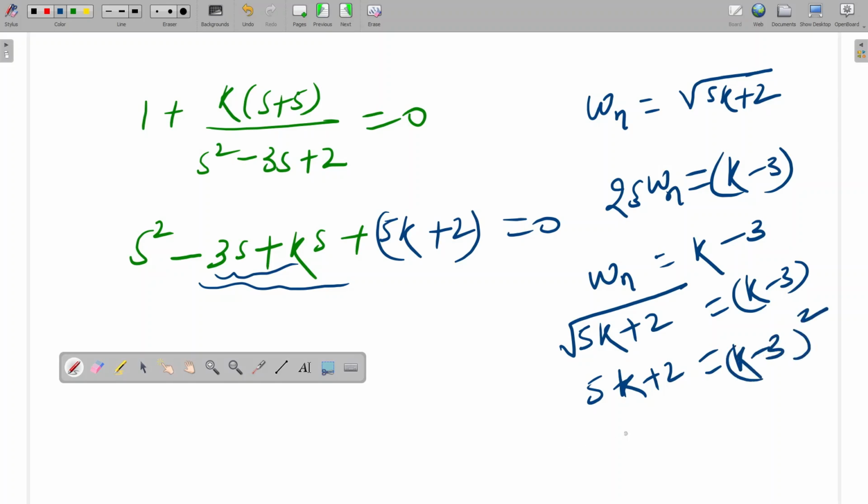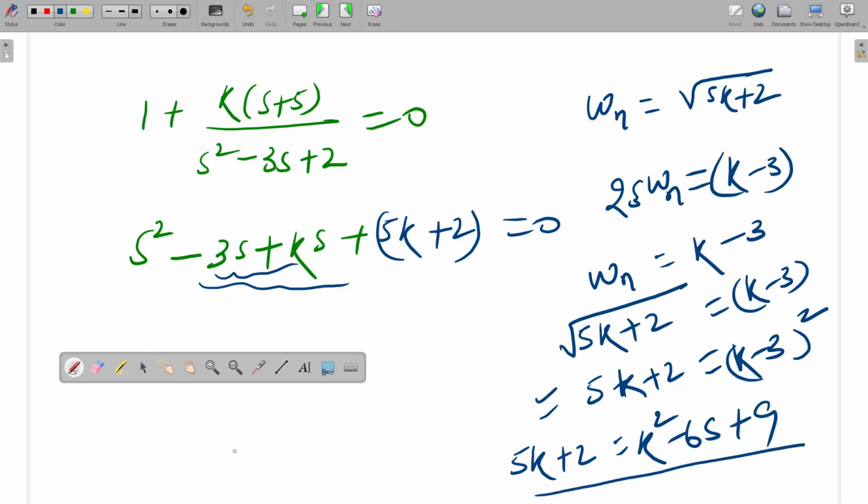Okay. So here we'll get one quadratic equation, from that we can solve the value of k. So 5k plus 2 is equal to k square minus 6k plus 9. Okay. So k square minus 11k plus 7 is equal to 0.